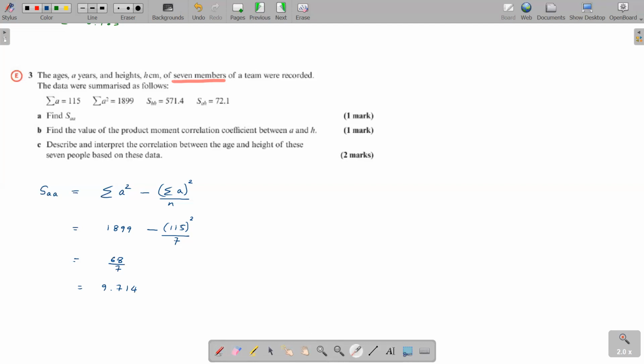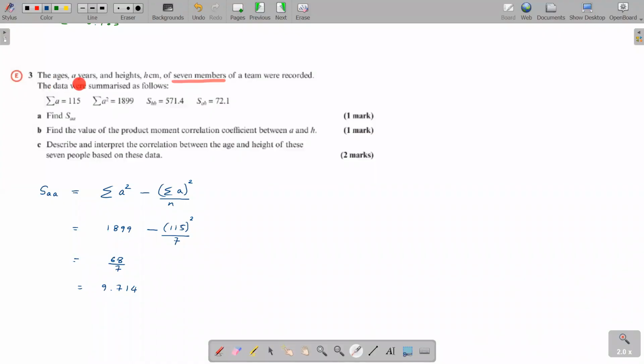And then guys, the other thing is when you are looking at these variables, you need to be able to identify who is the dependent and who is the independent variable. So who is x and who is y? Or in other words, the word we use is who is the explanatory variable, who is the response variable. The ages, A years, and height, H centimeters.